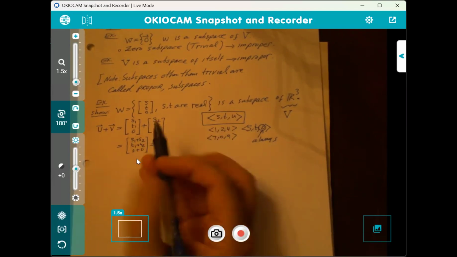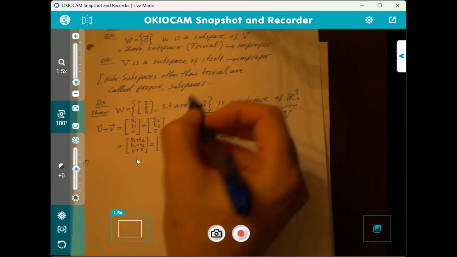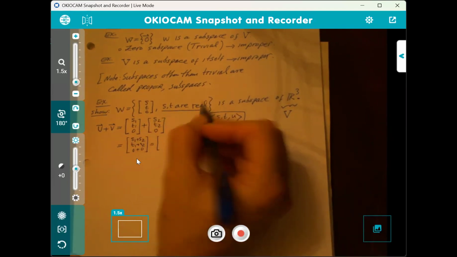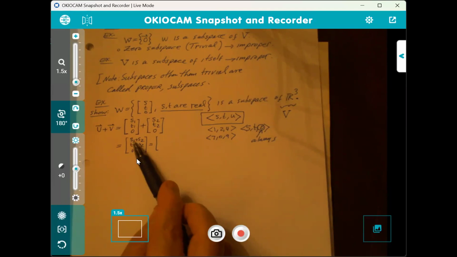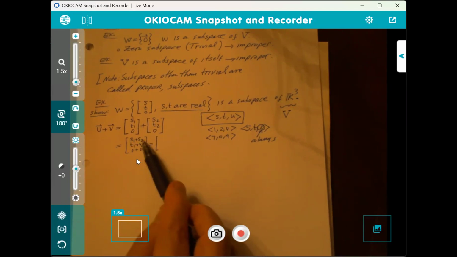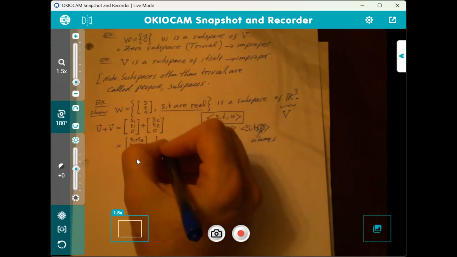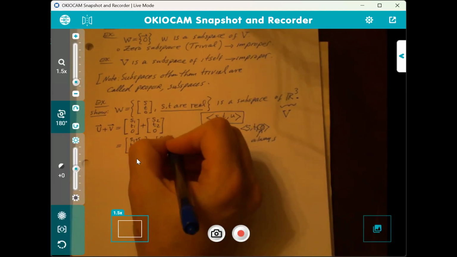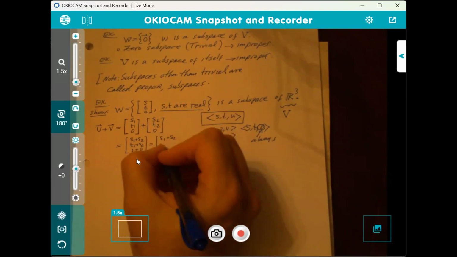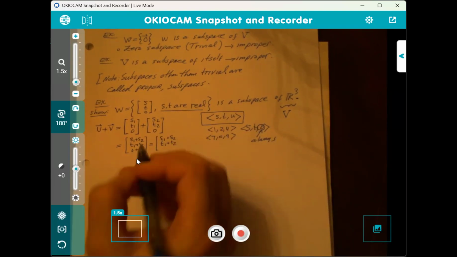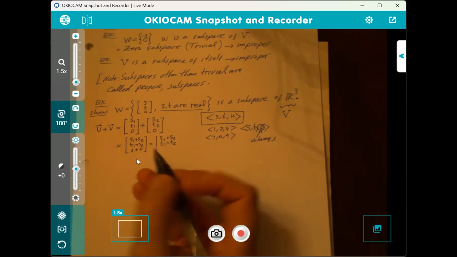Now, S and T, I have it up here, are real numbers. So when you add two real numbers, we get a real number, correct? This becomes like the new S. I'm just going to keep it as S1 plus S2, T1 plus T2, and 0 plus 0 is 0.